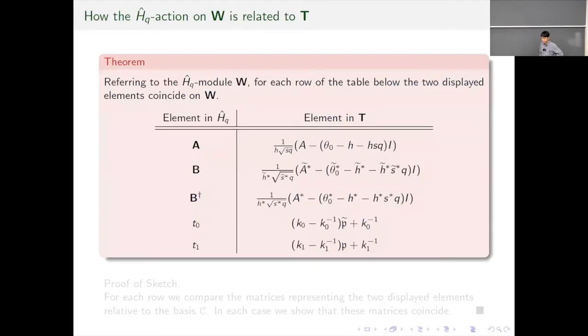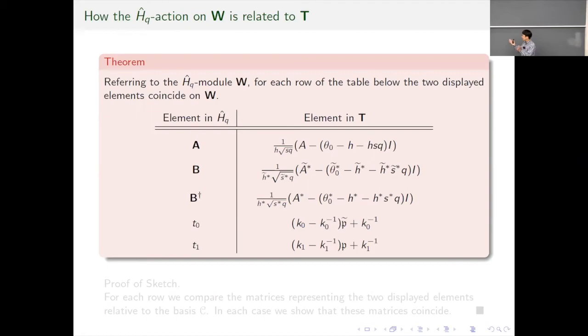This is the main theorem. Referring to the HQ hat module W, for each row, this table coincide on W. So in other words, the action of A on W is actually equal to the action of the adjacency matrix A on W up to affine transformation with some scalar, and B acts as the dual adjacency matrix with respect to the Delsarte clique C, and B dagger, and T naught, T1 and so on.